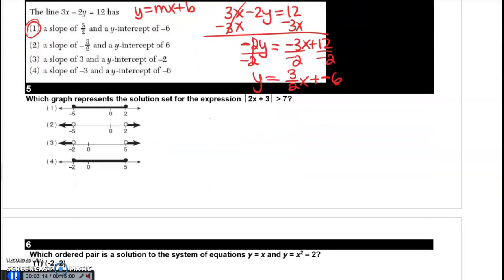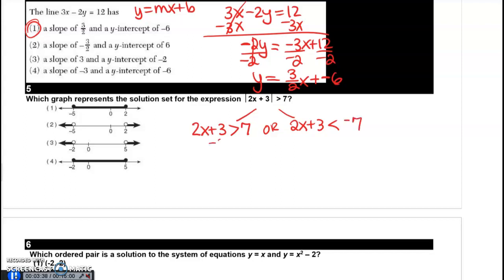Okay, for number 5, we have to remember here it's an absolute value inequality. And whenever we see absolute value, we know we're going to break it into 2. Okay, so our first one, 2x plus 3 is greater than 7. So exactly the same. And then it's "or," right? Great, or. So or 2x plus 3, we're going to flip the sign and make it less than -7.